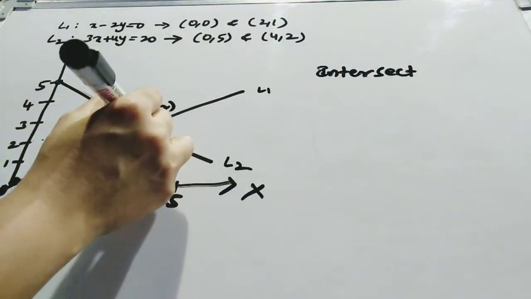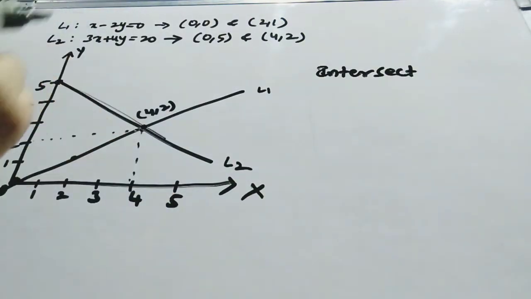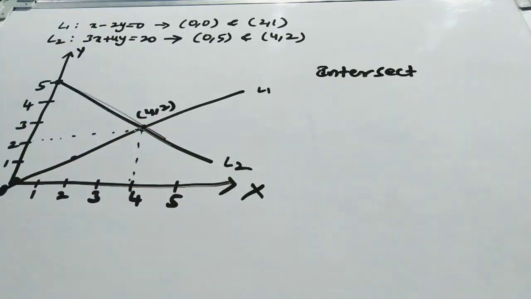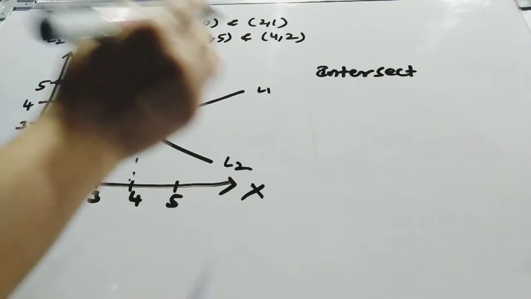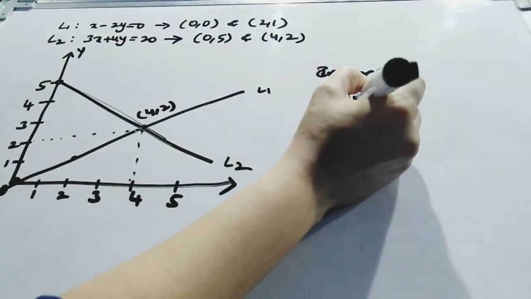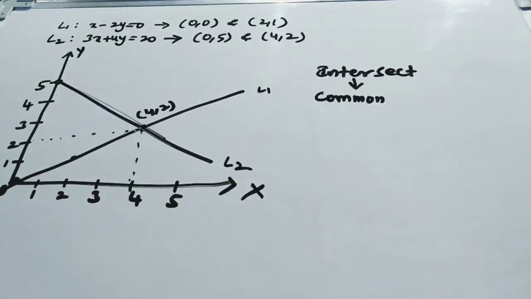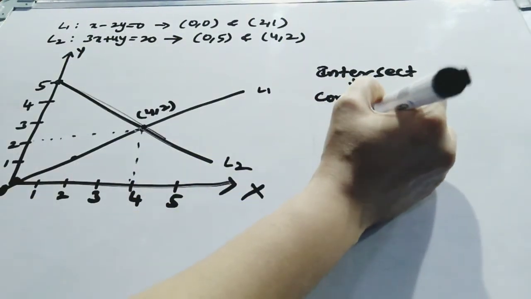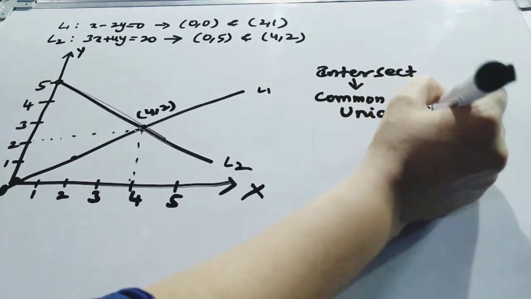What is the common point at which they intersect? 4, 2, which means L1 and L2 have one common solution, that is 4, 2. You get a common or unique solution from this graph.